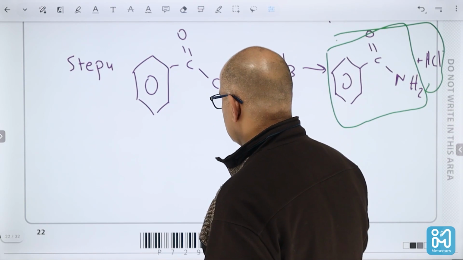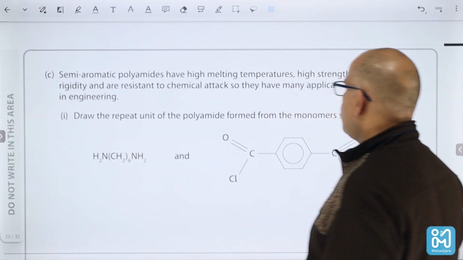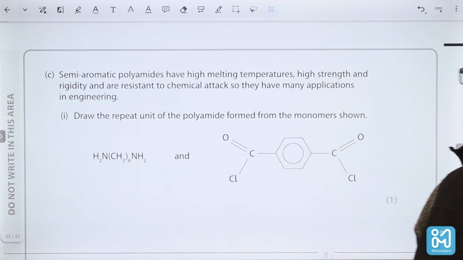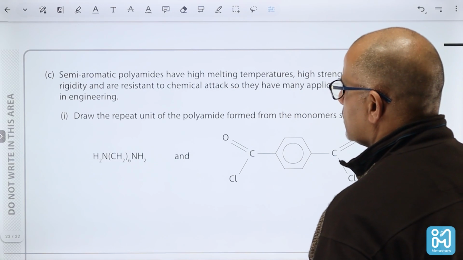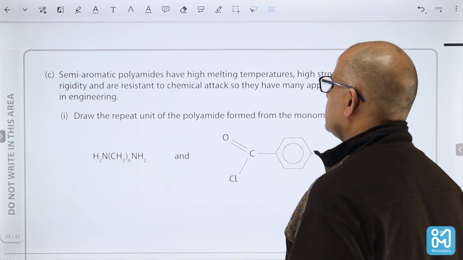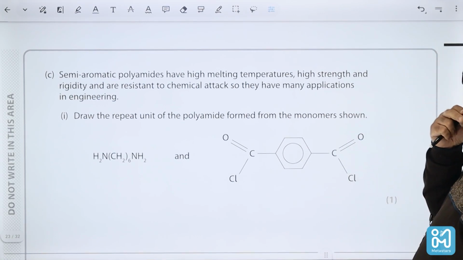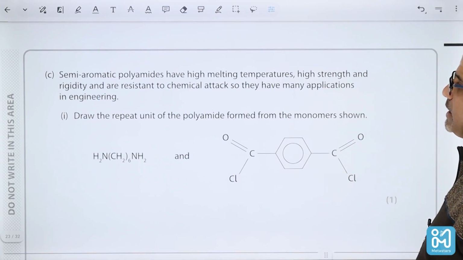Now, for part C: semi-aromatic polyamides have high melting temperature, high strength and rigidity, and are resistant to chemical attack, so have many applications in engineering.